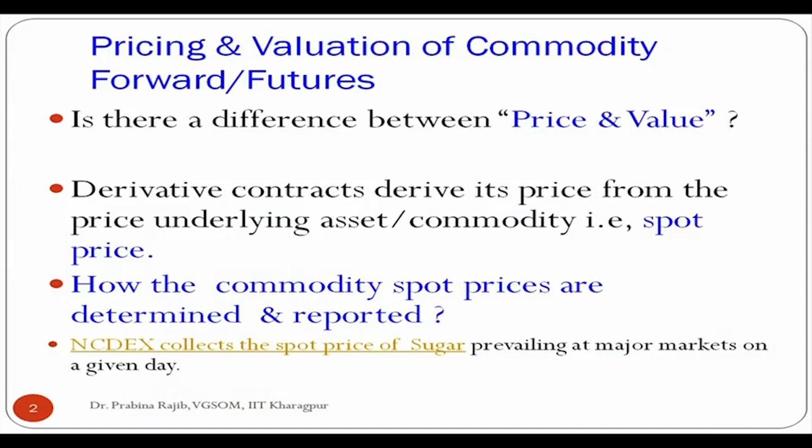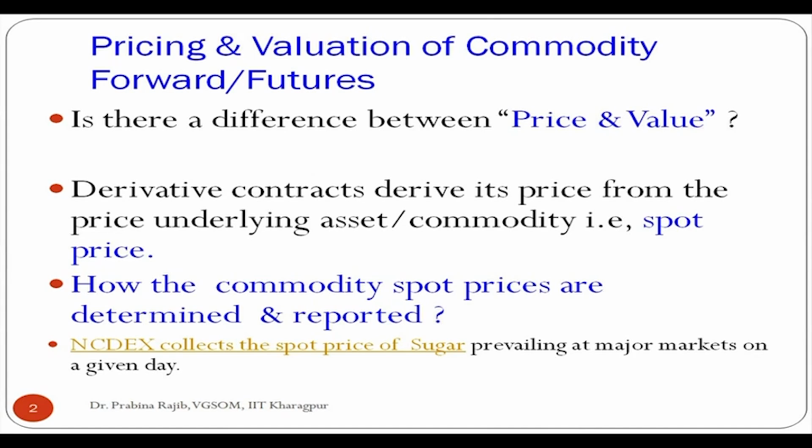Now today, as I had mentioned, we will be discussing different aspects of pricing and valuation of commodity forwards and futures contracts. Now all commodity derivative contracts, or any derivative contract, derives its price from the price of the underlying asset, that is, in this case, the commodity.